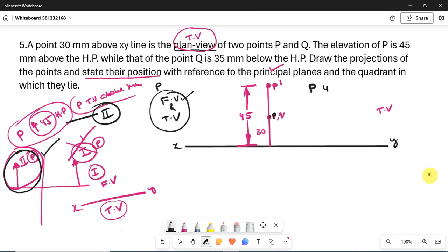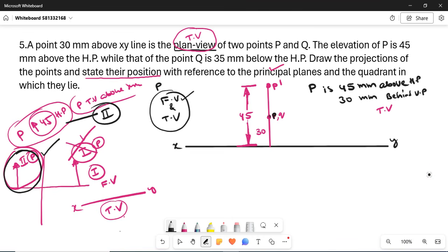Hence we write: the point P is 45 mm above HP and 30 mm behind VP. This sentence we have to write here. Now we confirmed P is in the second quadrant.